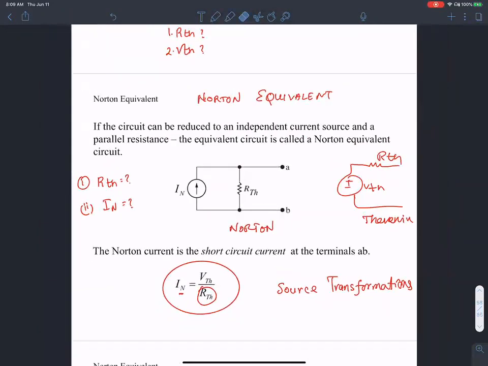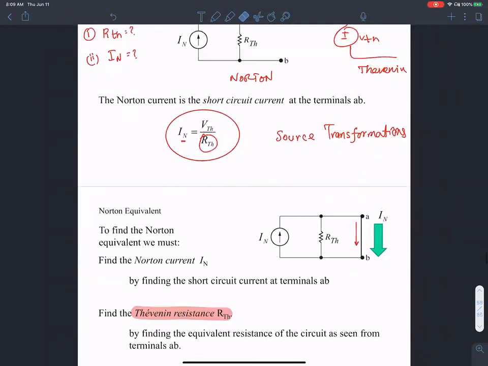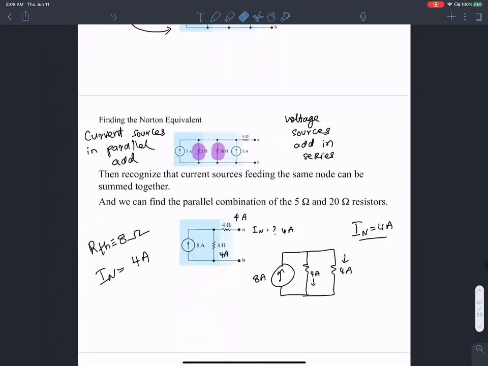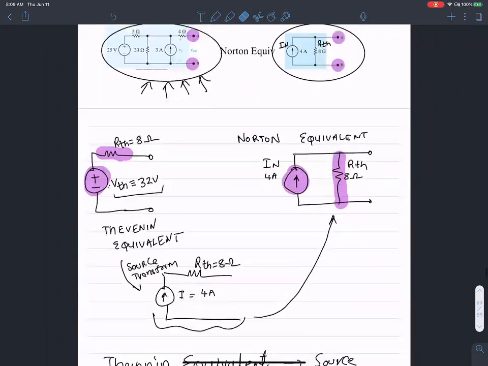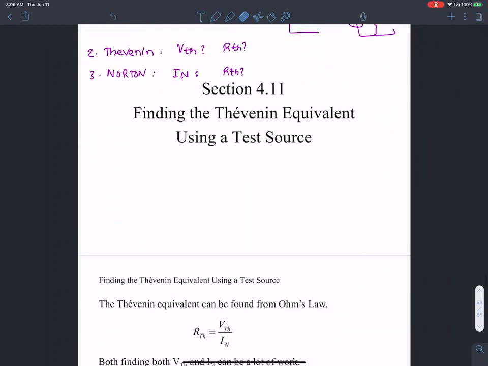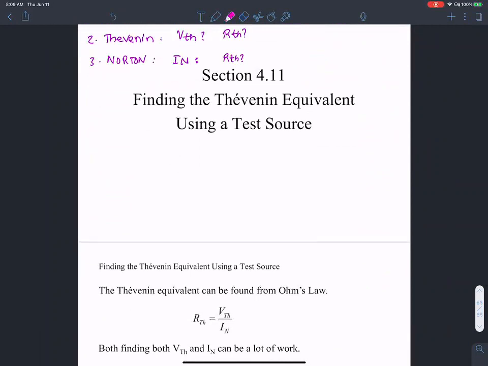That's the exact thing that we did in the last class. Then we went on to solve some example problems. Then we discussed this new technique of finding the Thevenin equivalent resistance using a test voltage or a test source.